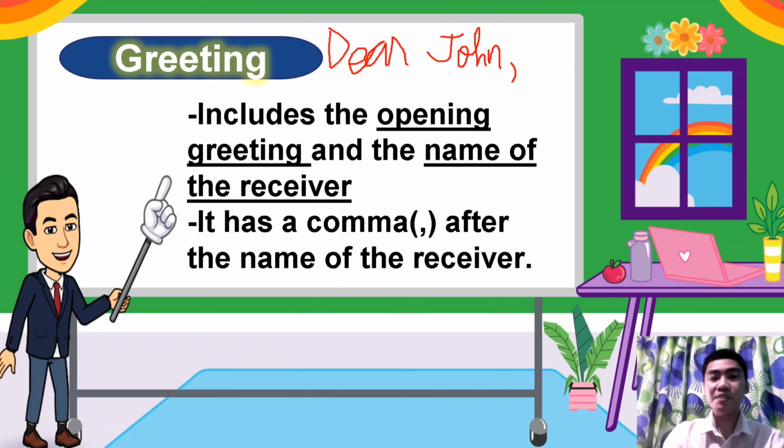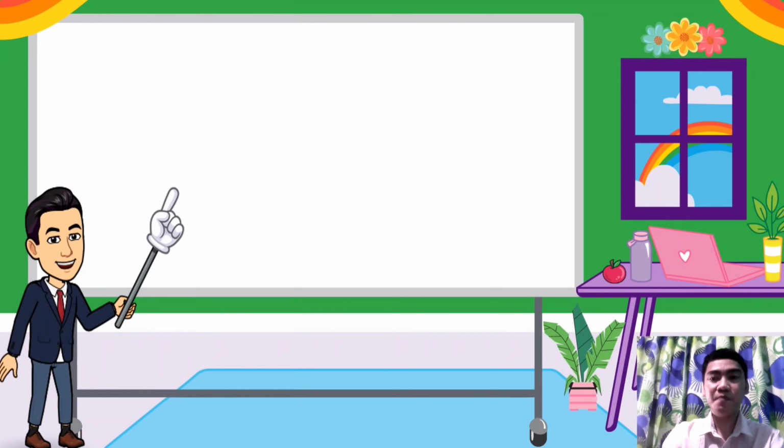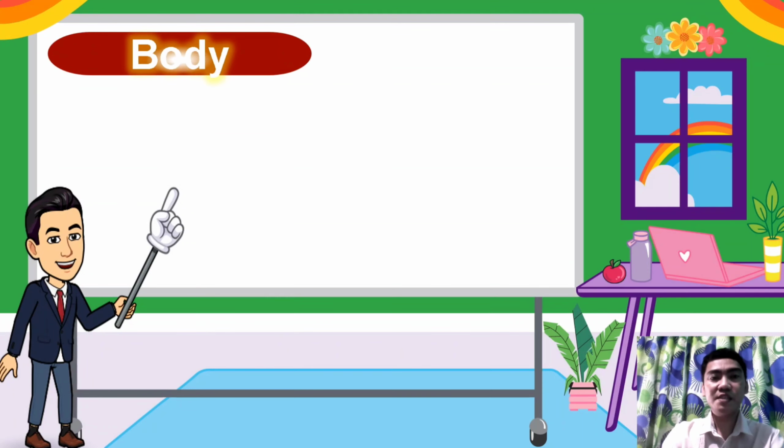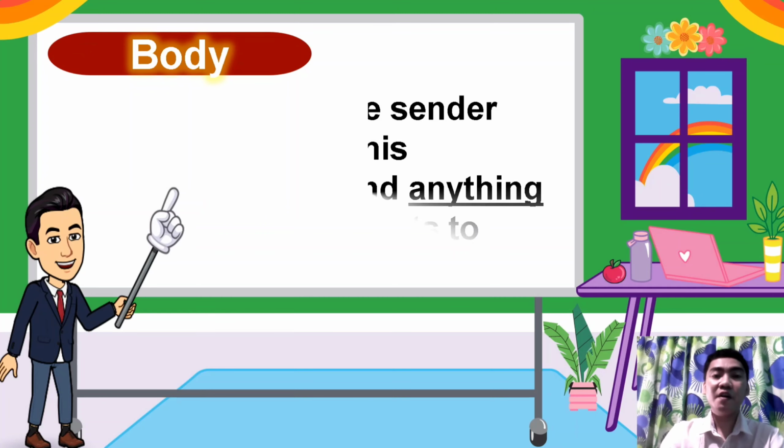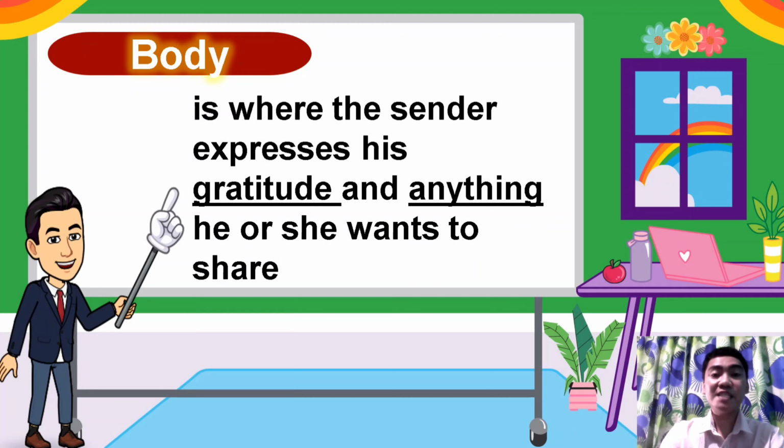Alright, so let's proceed with the next part of our letter. And it is the body. So the body is where the writer or the sender expresses his gratitude and anything he or she wants to share.